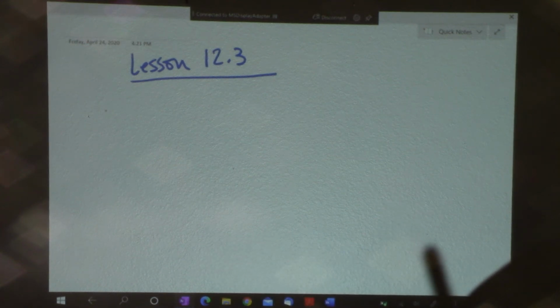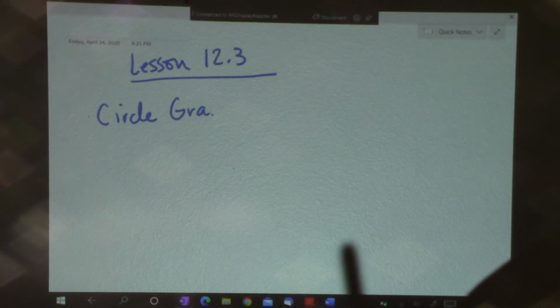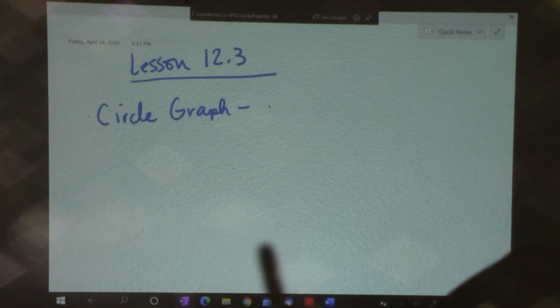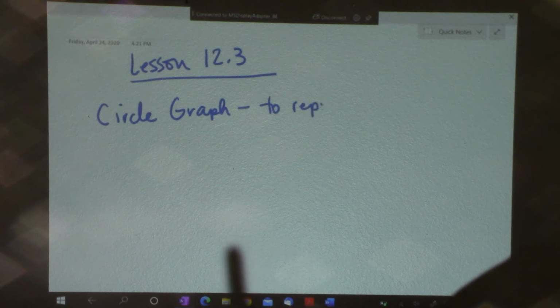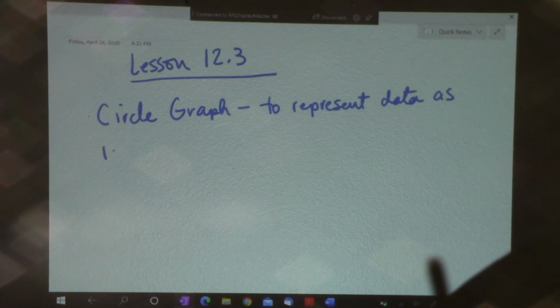Okay, so when do we use a circle graph? You use a circle graph to represent data as part of a whole.